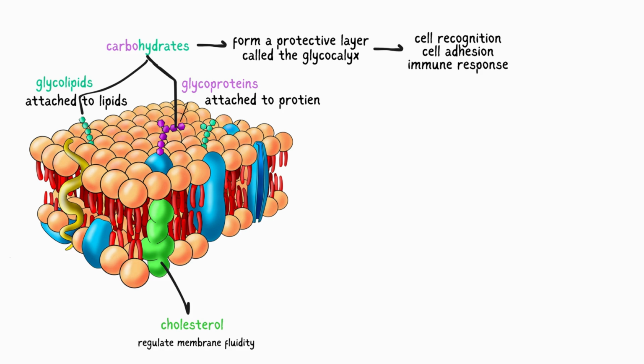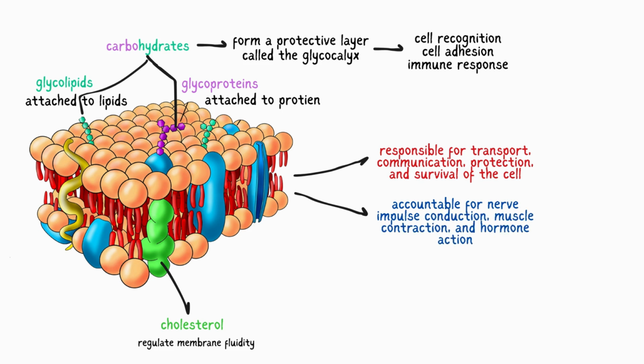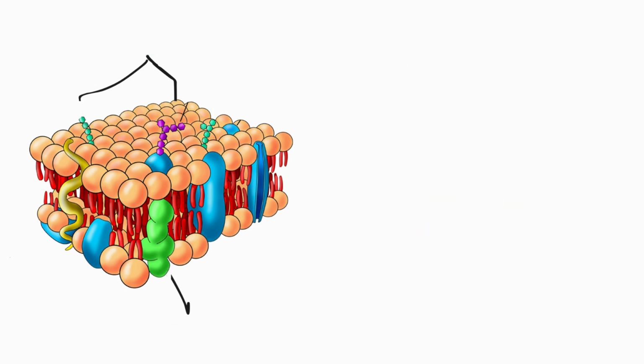The cell membrane is not just a passive barrier, it is a dynamic and functional structure involved in transport, communication, protection, and survival of the cell. Every physiological process in the body, including nerve impulse conduction, muscle contraction, and hormone action, depends on the proper structure of the cell membrane.